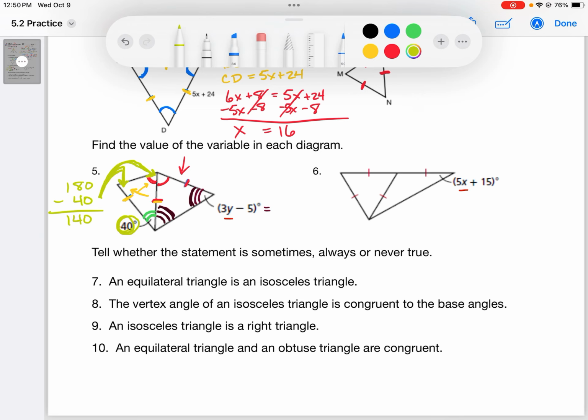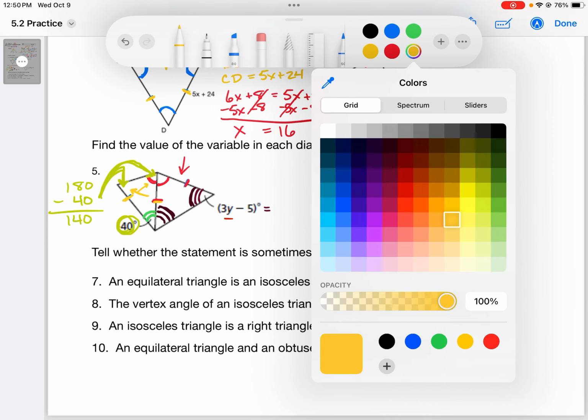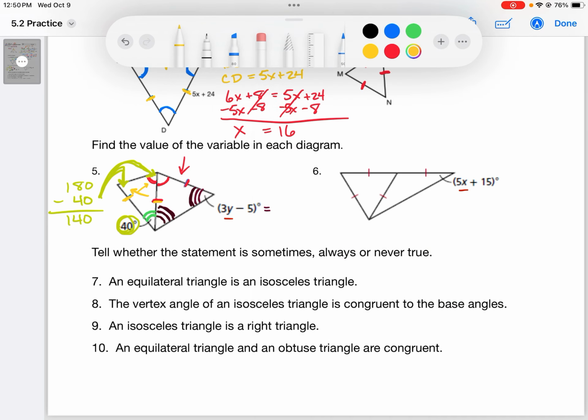And if they are equal, which I know because of the opposite congruent sides, then I know that that 140 degrees has to be split evenly between them. Okay, it has to be split evenly, which means I could divide that by 2, and that means each one of these is 70 degrees.